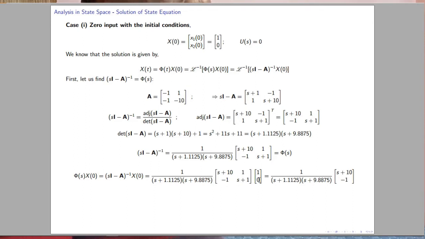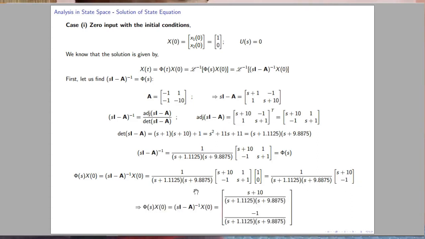So therefore I will get only minus 1 here, and this product is (s plus 10, minus 1). It is going to be a vector. So I got this, x of s equals phi of s into x of 0.